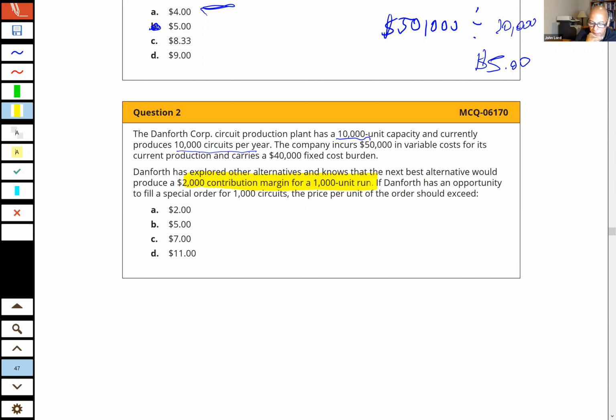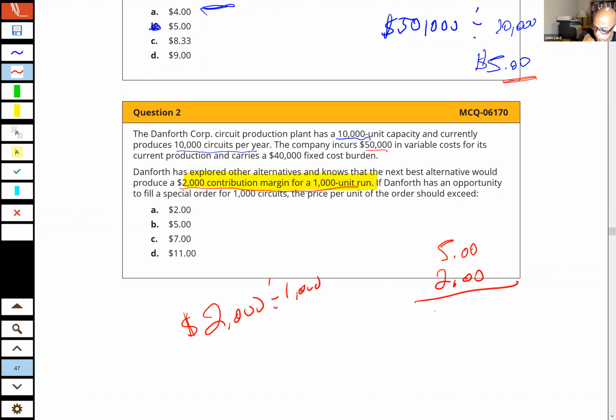So we have to add that opportunity cost onto our previous answer. We know we have to cover the variable costs, which was $5. And now I need to cover this contribution margin loss, this opportunity loss, which is $2,000 divided by the 1,000 units, right? And that gives me $2 per unit. So I'd have to exceed, and again, they say exceed because nobody's going to do this for fun, we'd have to exceed $7.